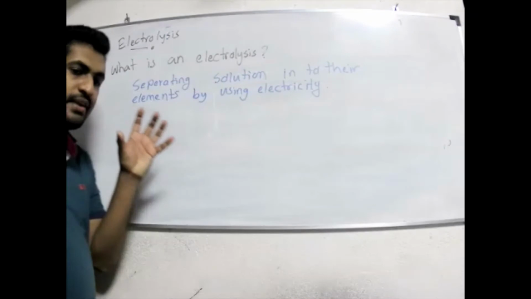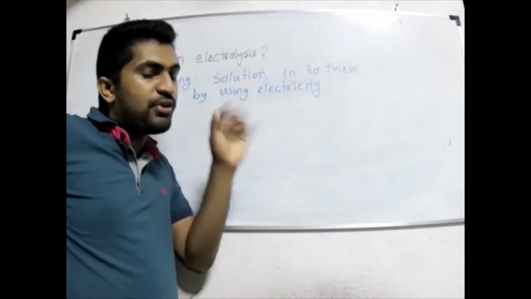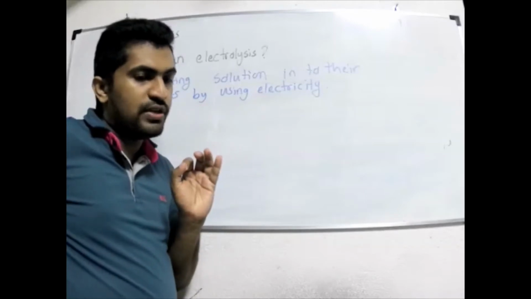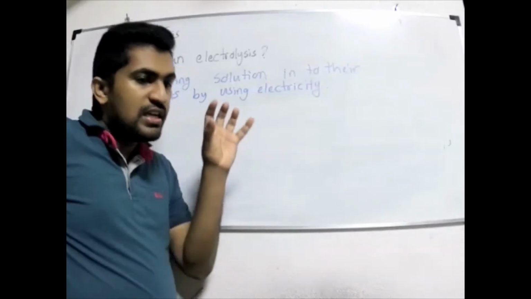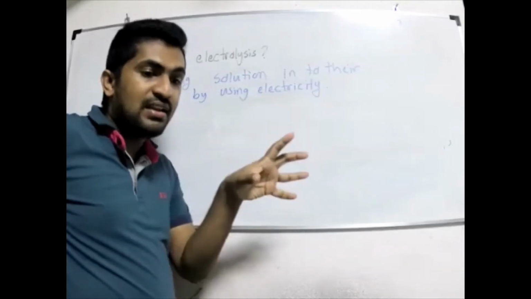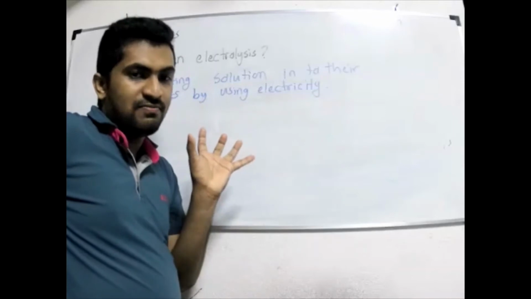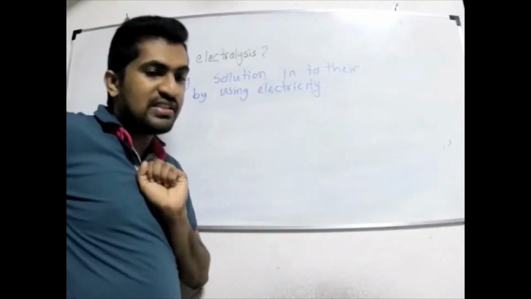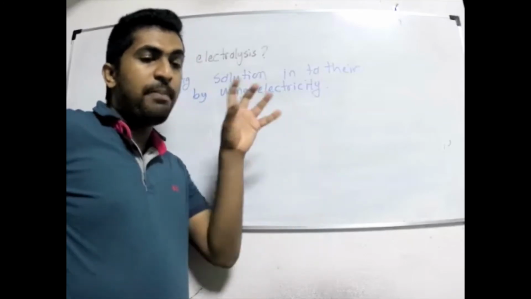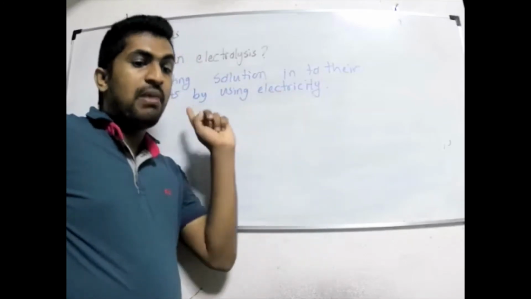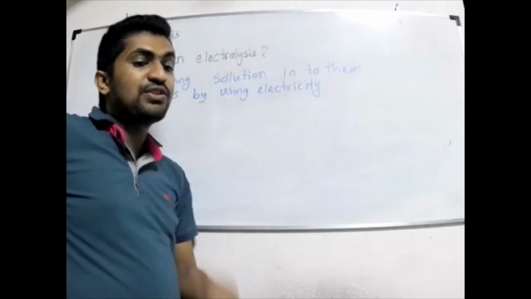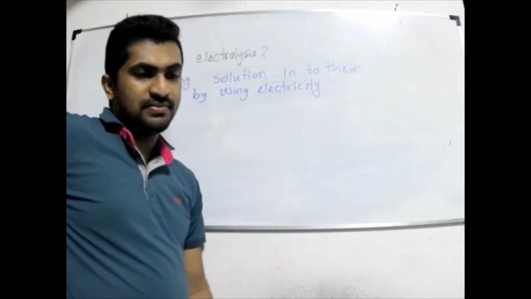So electrolysis is the same as the electrochemical cell, but the difference, listen to me carefully, is this. In an electrochemical cell, we are producing electricity by using the cell.